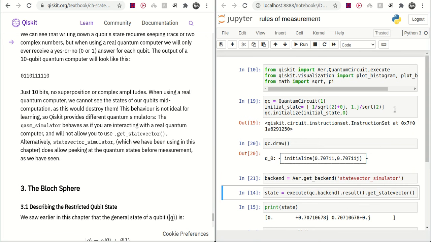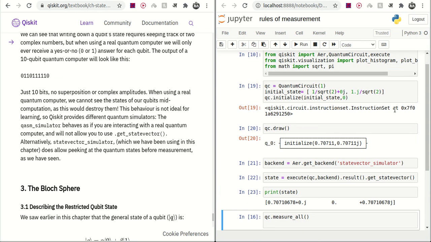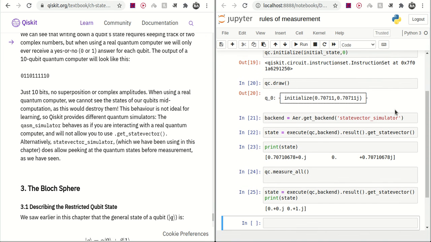That's okay. We actually wanted this, so we are printing the state. That's exactly what we have. Now we measure it, so we now get 1j. So this is the state we are right now having.